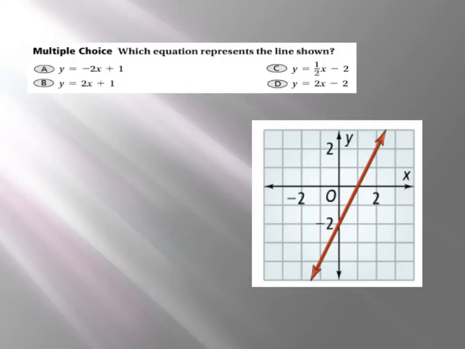Here I have a multiple choice question. I want to see which one of these equations is going to be this graph right below. So the first thing I'm going to do is figure out what my m and b are. So I'm going to write that to the side. M and b. When I find my m, I'm looking at my 2 points. Here's a point that crosses at the x, or I'm looking at a corner.